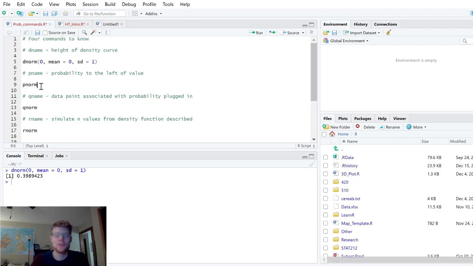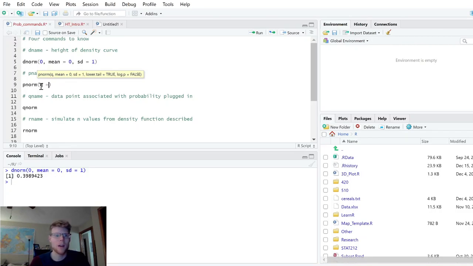More likely, I'm going to be using something like pnorm. So pnorm is going to find the probability to the left, or if I choose to do so, to the right, of whatever point I've listed. With pnorm, the first value that I plug in is going to be q, which is a value.